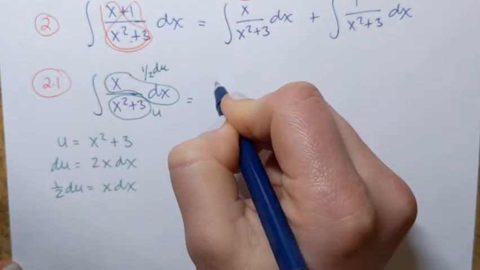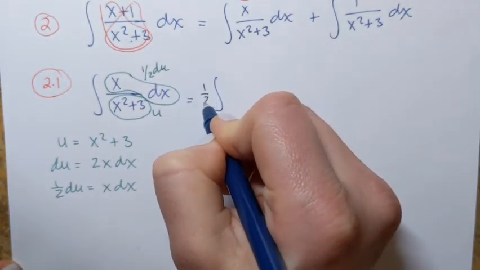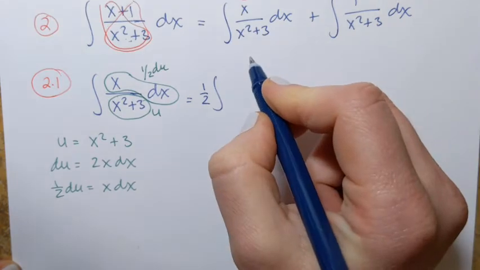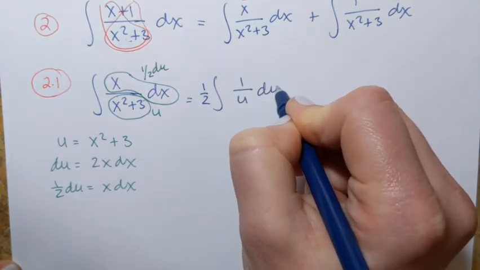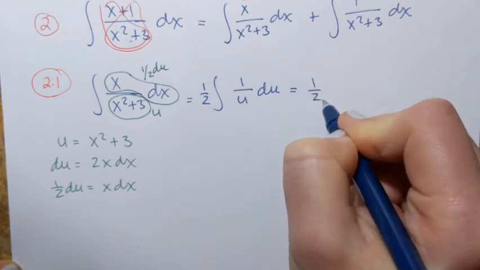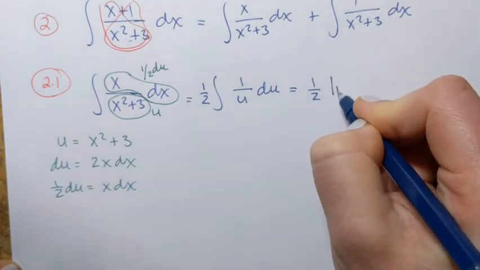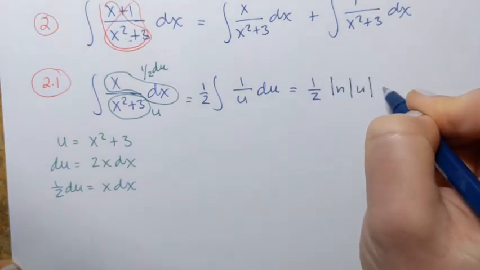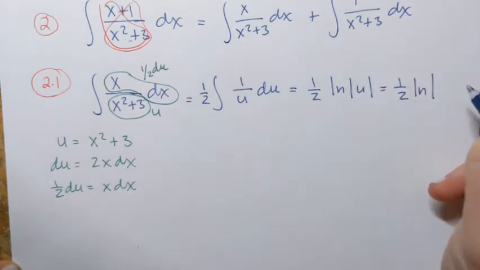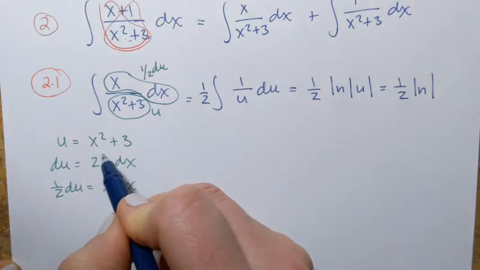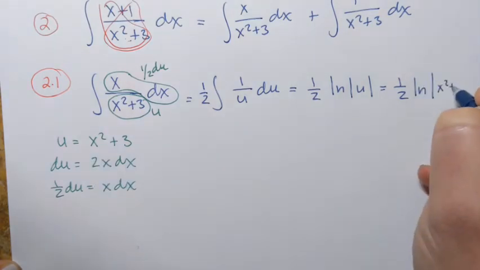Okay, so that gives me 1/2 in the front, integral of 1 over u du, right? And that is 1/2 of ln of the absolute value of u, which is 1/2 of ln of the absolute value of x squared plus 3.